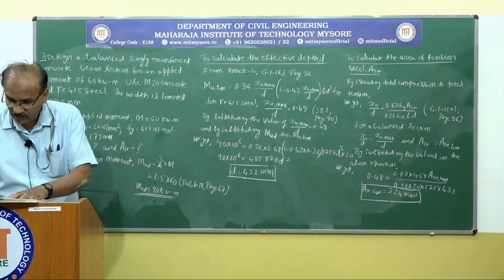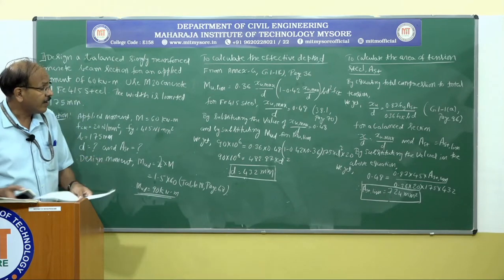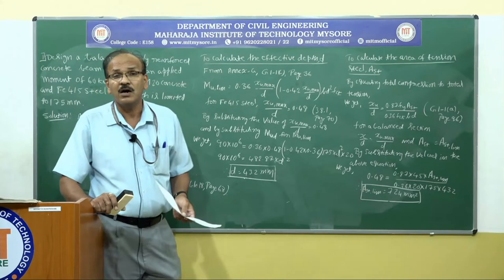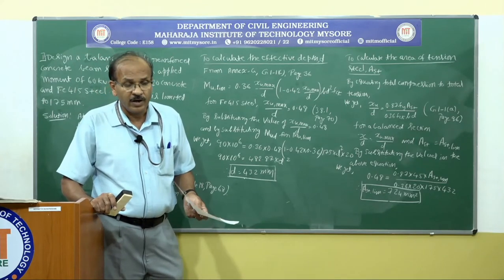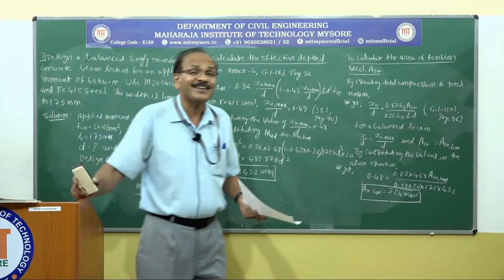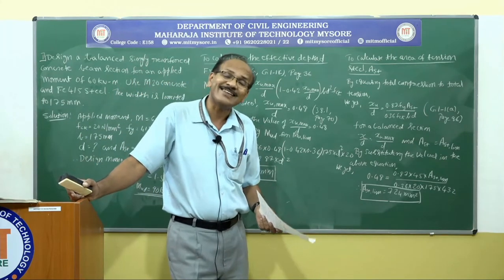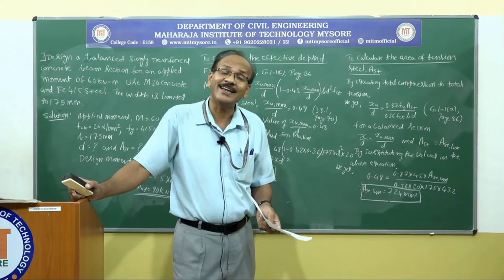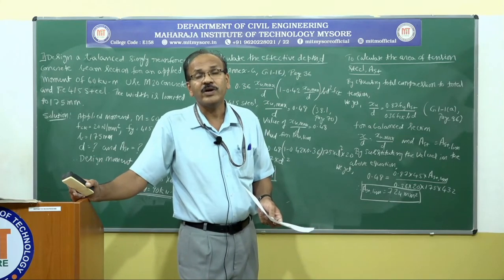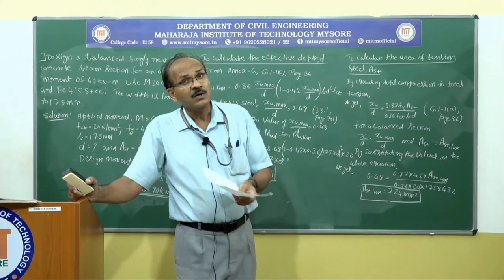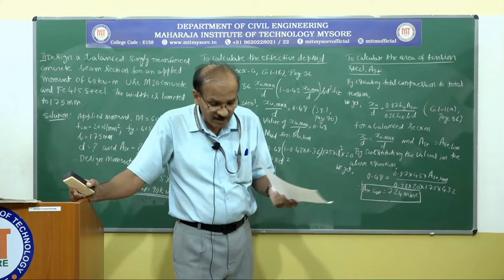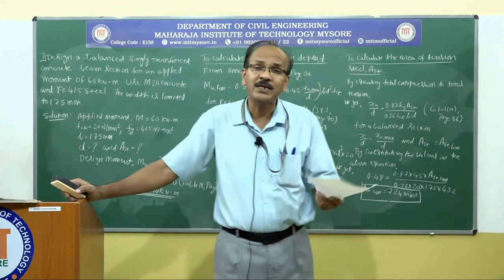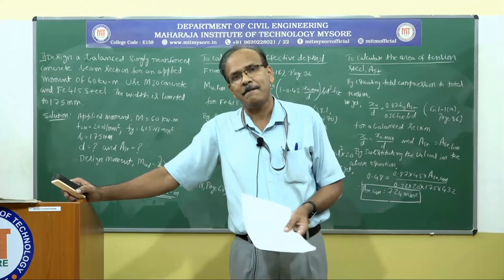It is recommended that we always design a section as under reinforced. When we say under reinforced, it does not mean that we have to provide less reinforcement. Please keep in mind, we are not providing less than what is really required. What is the meaning of under reinforced or over reinforced or a balanced section? As I said, a balanced section is one wherein concrete and steel reach their respective limiting strain values simultaneously.